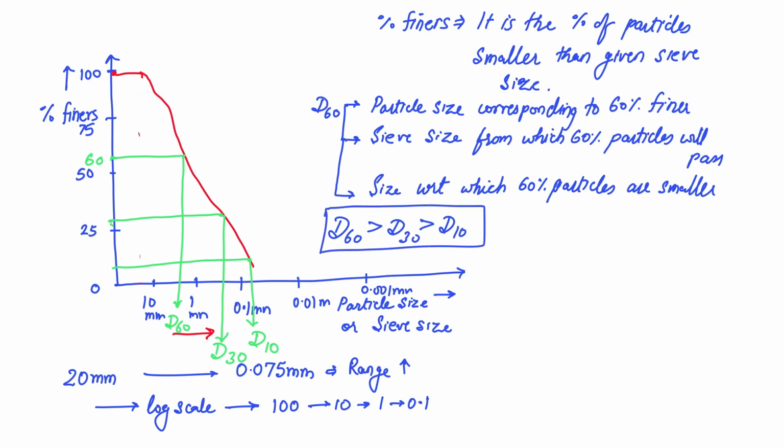Now, let us also understand how many different types of graphs can be plotted for different types of soil. So for example, let us plot the graph again. And this is your y-axis. On the x-axis is the particle size.